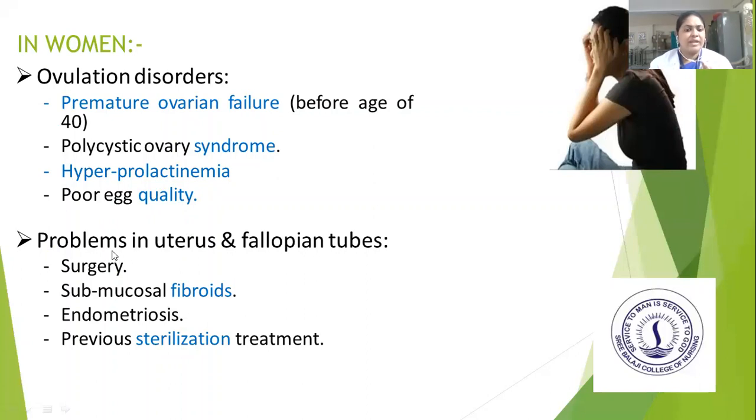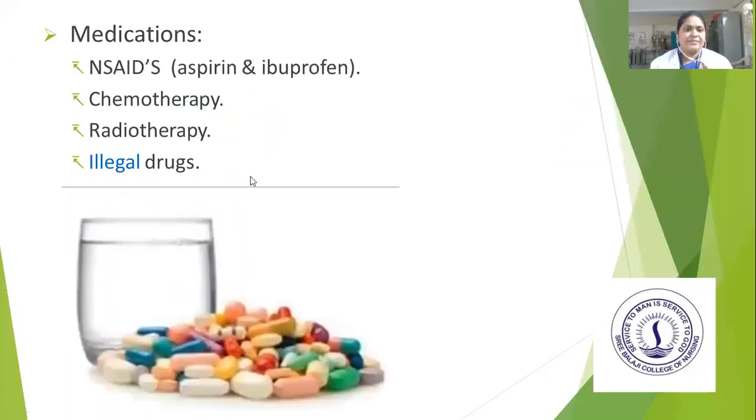Next, problems with the uterus and fallopian tubes, any previous surgery, submucosal fibroids, endometriosis, previous sterilization, and medications such as NSAIDs like aspirin and ibuprofen, chemotherapy, radiation therapy, and illegal drugs like narcotics.